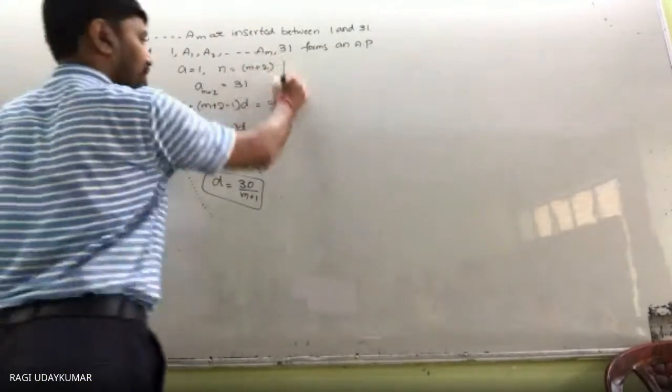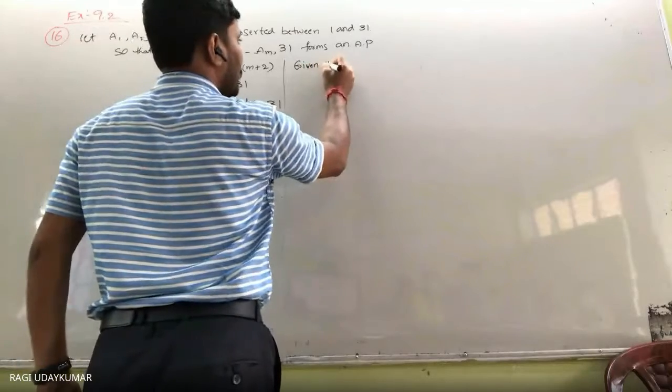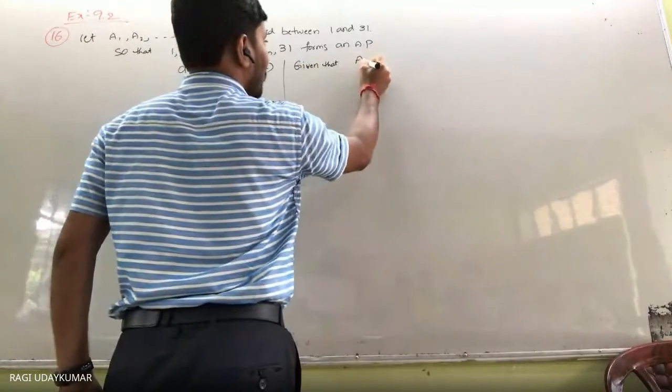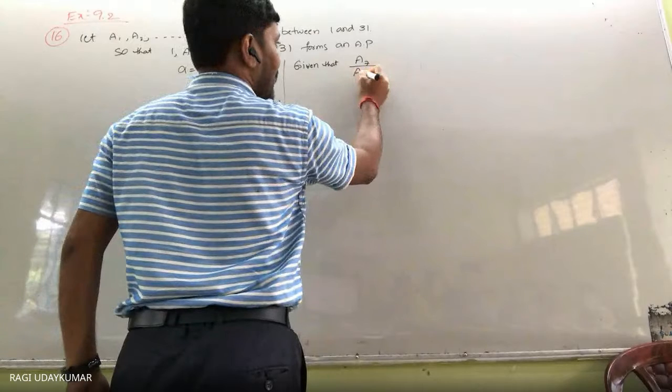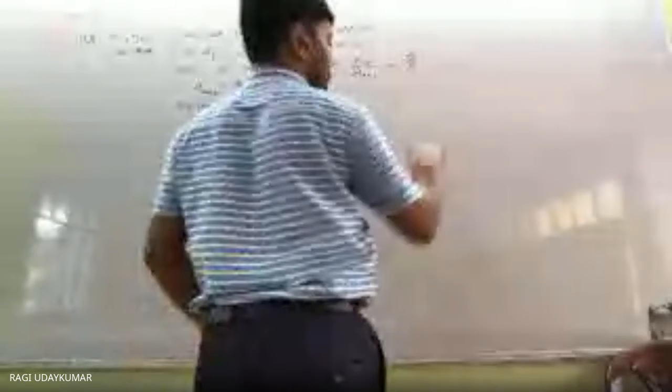So given that a7 by a(m minus 1) is equal to 5 by 9. And be careful that a7 is not a plus 6d that you are going to get.